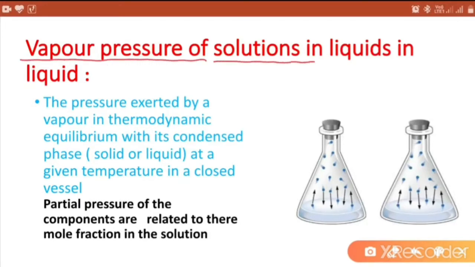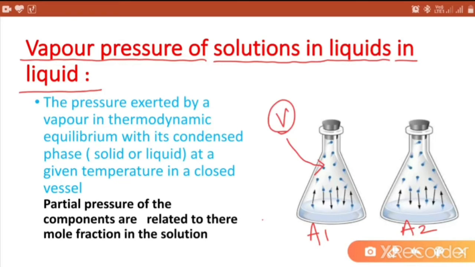Vapor pressure of solutions of liquids in liquids. Consider a binary solution of two volatile liquids A1 and A2. The volatile liquid in the vaporization state contains vapor and liquid in thermodynamic equilibrium, and these molecules exert pressure.